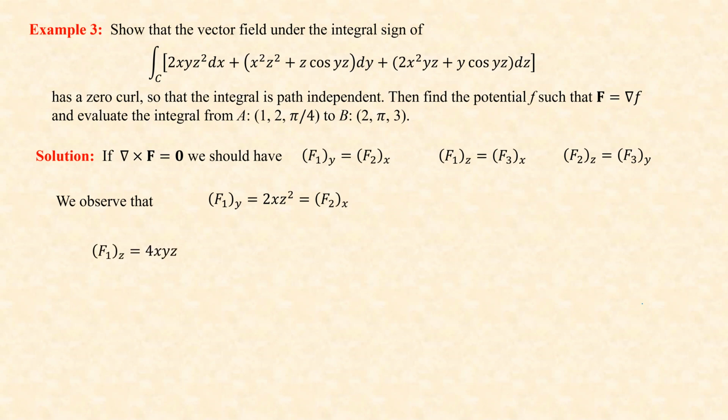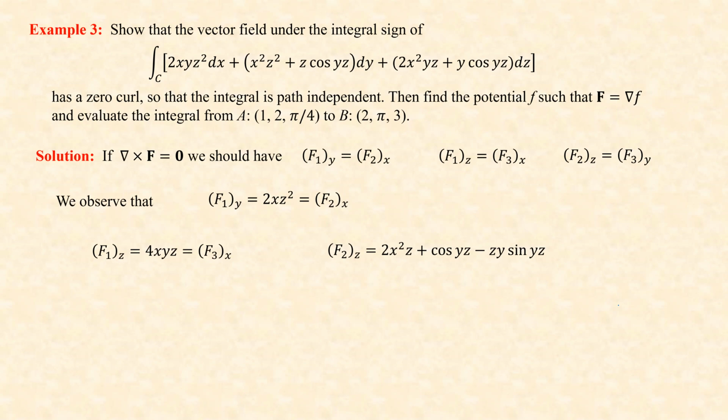And f1z is 4xyz. And look at f3x. f3x also is 4xyz. So these are the same. And f2z means the derivative of the second one with respect to z, which is 2x squared z plus cosine of yz minus zy sine yz. And you look at the derivative of the third one with respect to y.